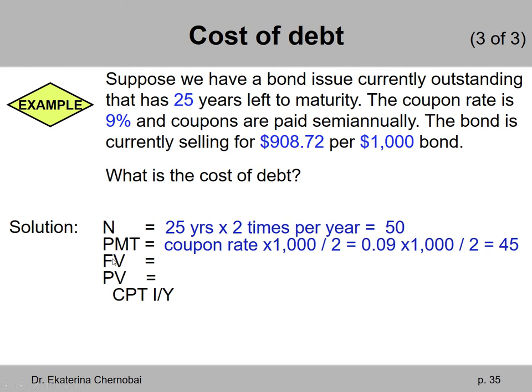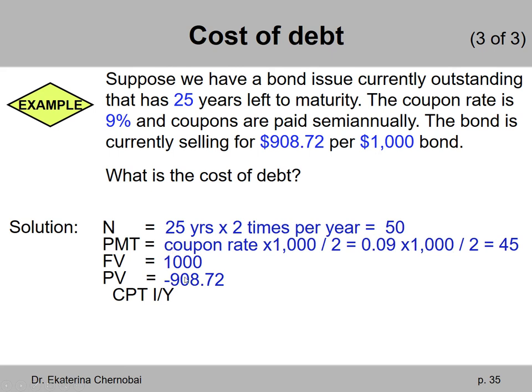FV, that's the face value on the bond paid at maturity at the very end in the future. That's always 1,000. PV, that's the bond present value or price. That's given, 908.72. Notice how I put the signs. This is something I was also emphasizing in Chapter 7 when we were covering bonds. Everything that's today is one sign. Everything that's in the future is with the opposite sign.